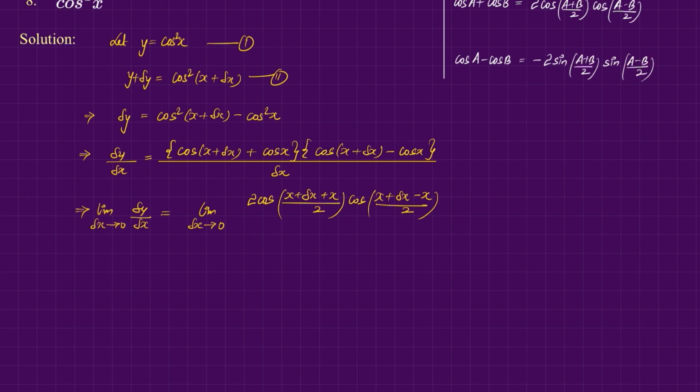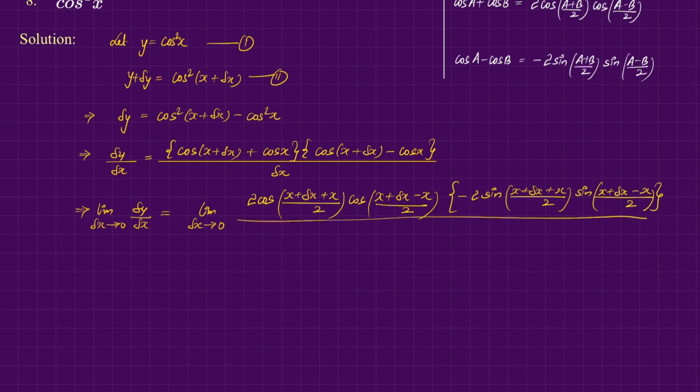So we will have minus 2 sine of a plus b by 2 times sine a minus b by 2 whole divided by del x.